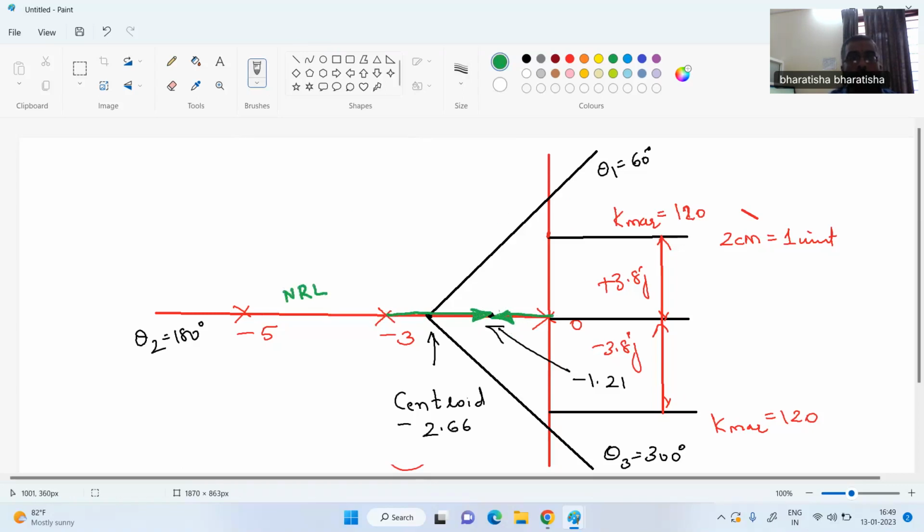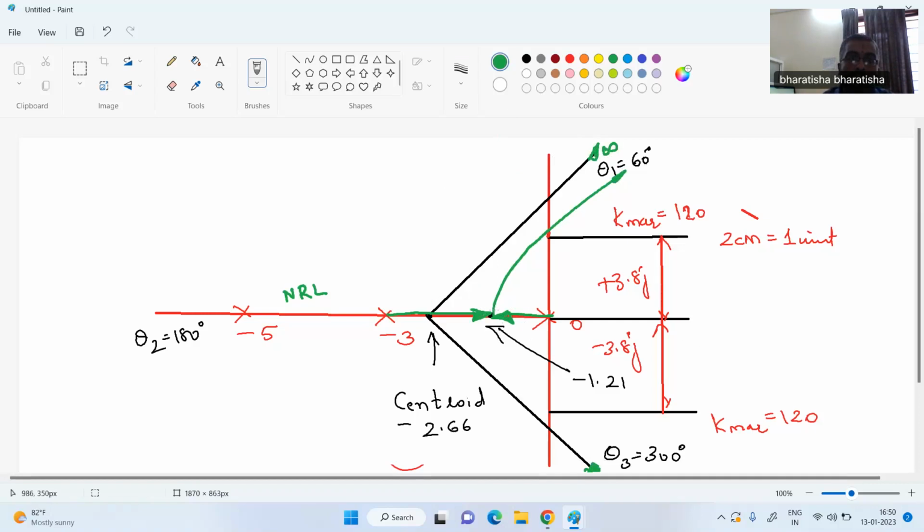So it comes to this breakaway point, and from the breakaway point you can see the angle of asymptotes, which shows the path to infinity. You have to plot it in such a way that your locus approaches infinity. This is the freehand sketch. You have to plot like this.